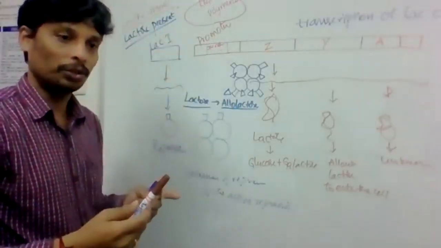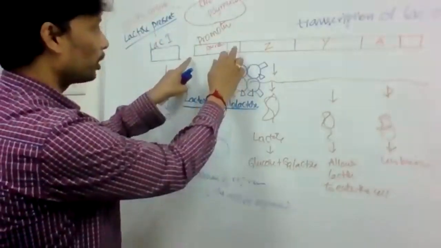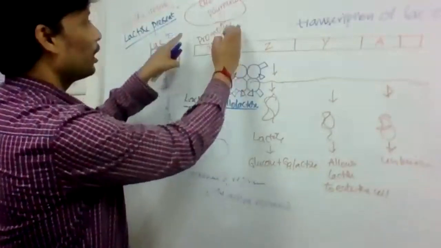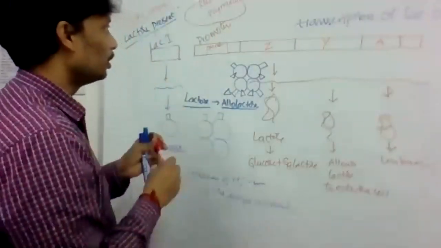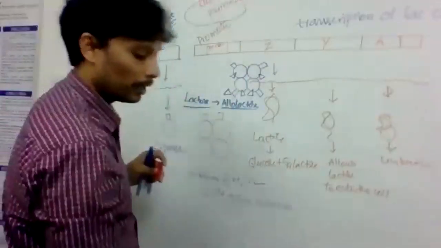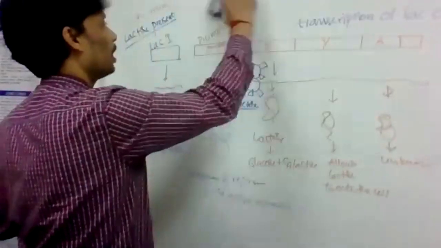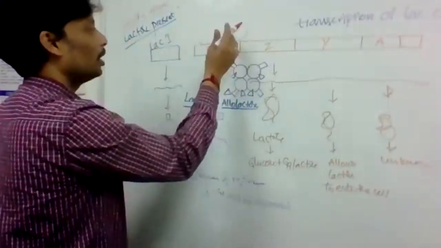There is another issue. Even though the promoter is free, RNA polymerase alone cannot bind to this region. This region has such an affinity that RNA polymerase alone is not going to bind to the promoter region. Whenever it binds, it falls off.